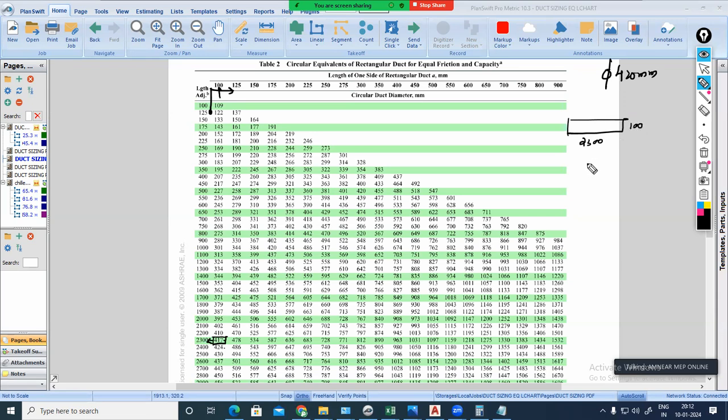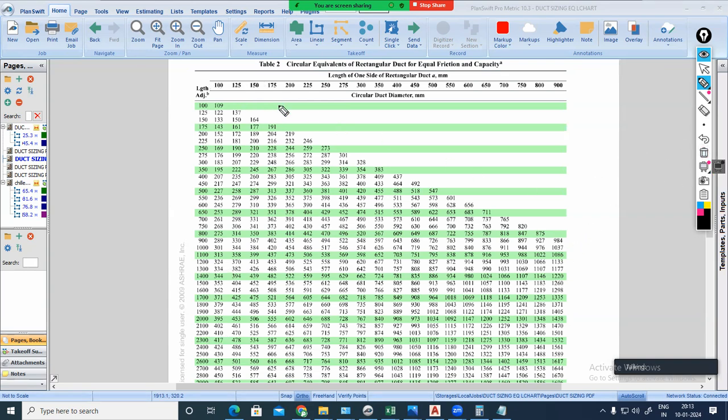That's a duct dimension. If you are going to the next column or the third one, where is 420? 420 is not there. 426 is there. So the duct dimension, one side is 1300. Other side, here you can see, how much? 150. But this size is not possible. Why?